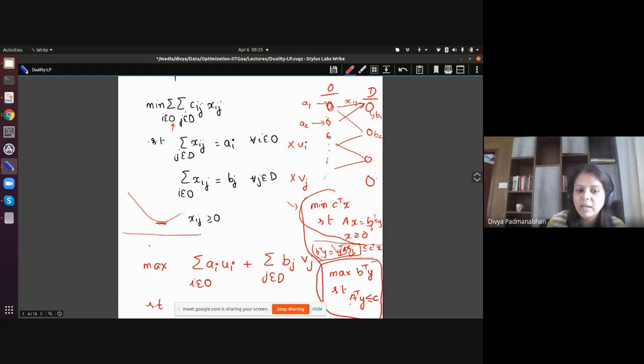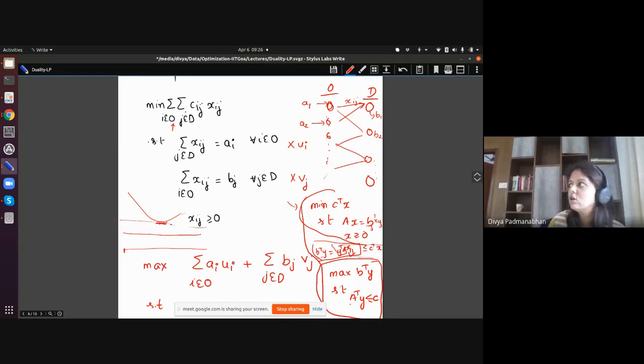If you say that this is a lower bound, can I have a better lower bound? The best lower bound is of course going to be exactly the same value, something which meets it. But how can you get other lower bounds for this problem? The whole idea is to get lower bounds if it's a minimization problem, and for a maximization problem, an upper bound.